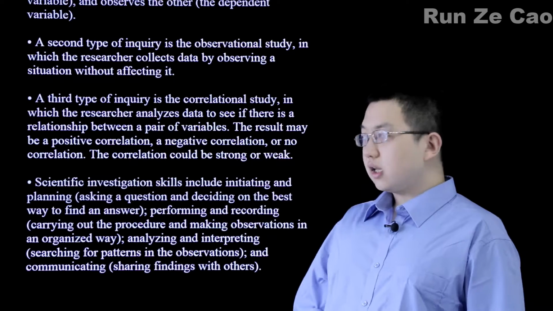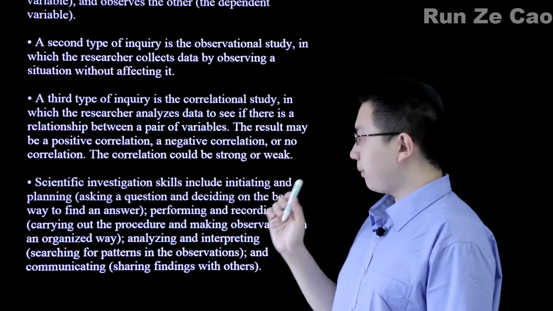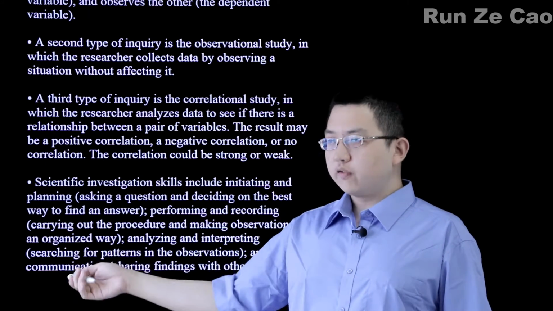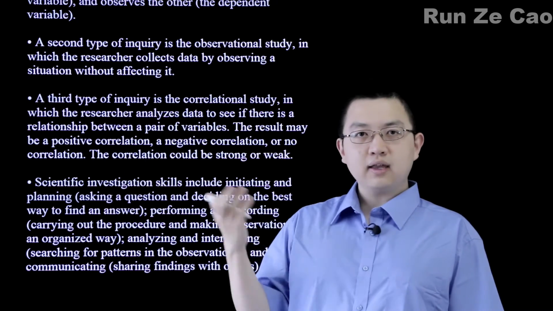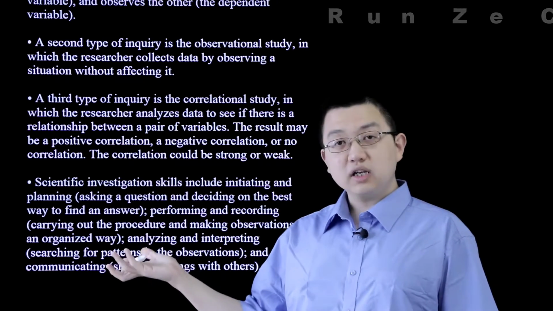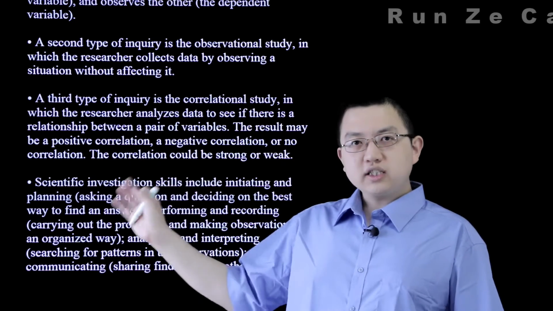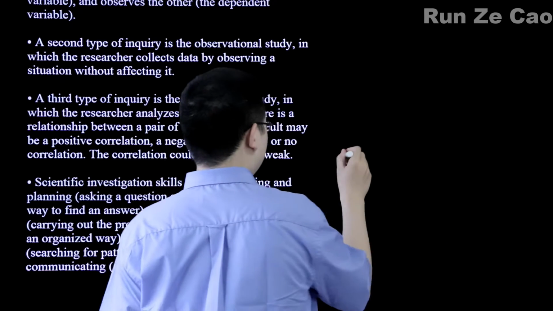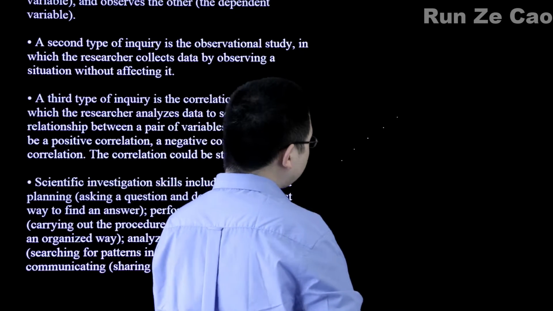Now, the correlational study is a matter of a relationship between a pair of variables, and if there's a positive correlation, then both increase. Or if one increases and the other decreases, then it's a negative correlation. If there's no correlation, then they're just random relative to each other. The correlation may be strong, i.e., all the dots can be, say, on a single line, or it can be weak.